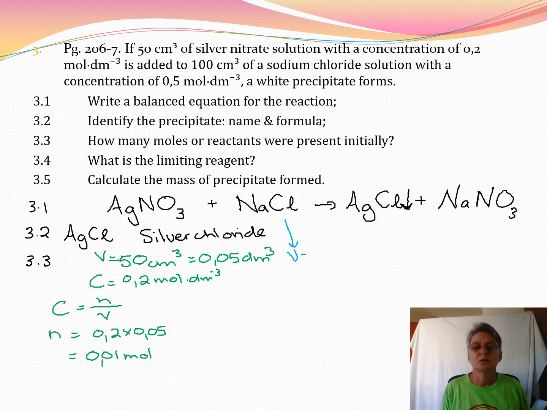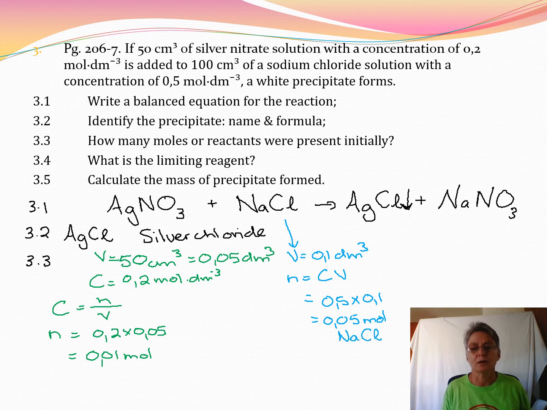And the sodium chloride, you started off with 100 cubic centimeters, so the volume of sodium chloride is 0.1 cubic decimeters. You divide by 1,000, and the moles would be concentration times volume, so it is 0.5 times 0.1, which is 0.05 mole of sodium chloride, and that one was the silver nitrate.